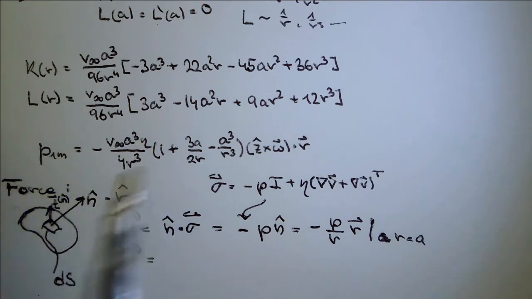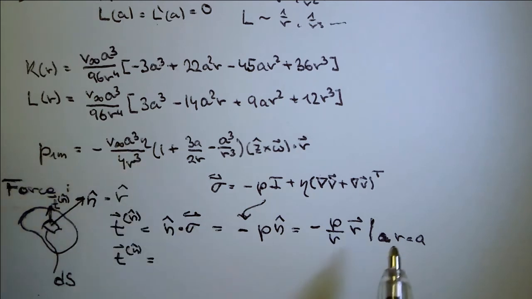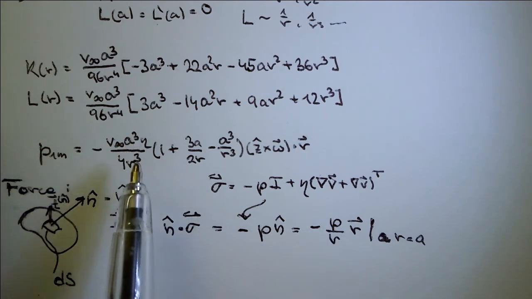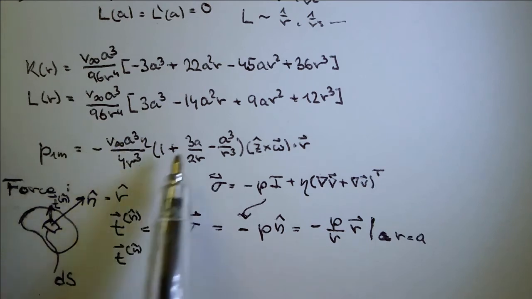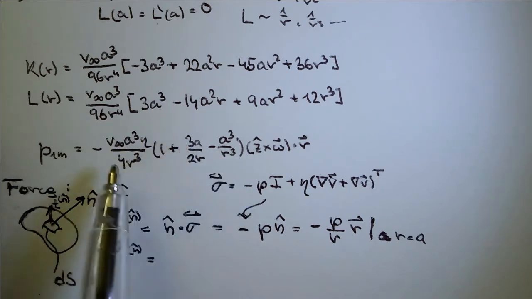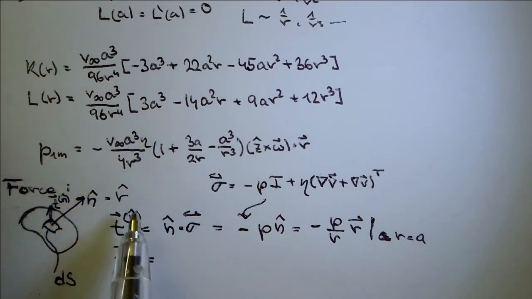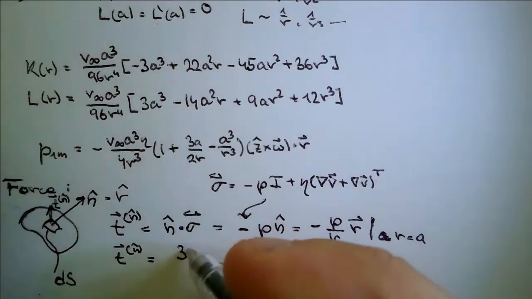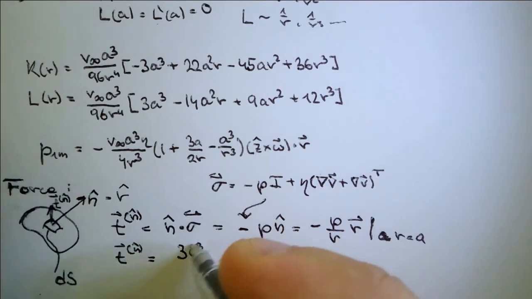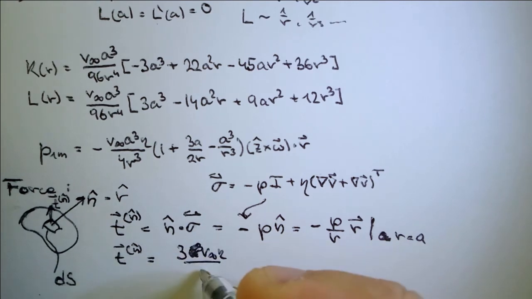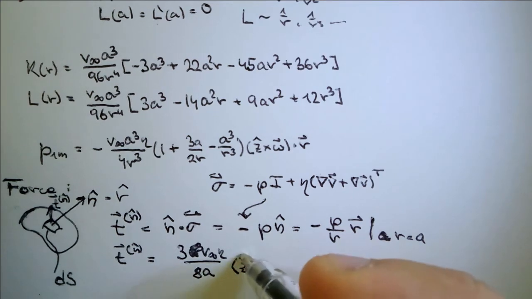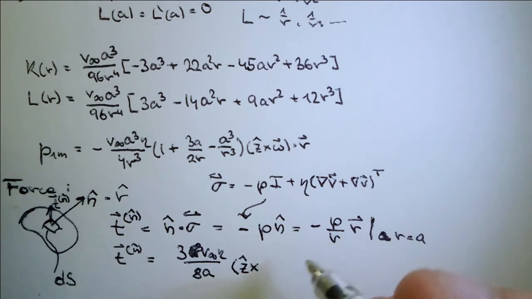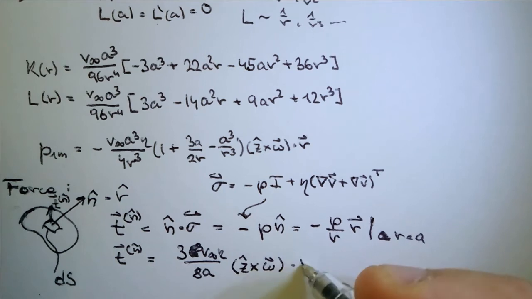I will substitute in this expression for the pressure, with r equal to a, so the minus will cancel out, and you will get 3 over 8, 3a cubed over 8, which is V infinity eta over a, times this vector, or this scalar, but I will multiply it with this vector soon. So this is r.